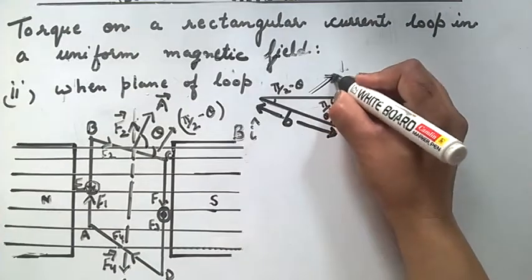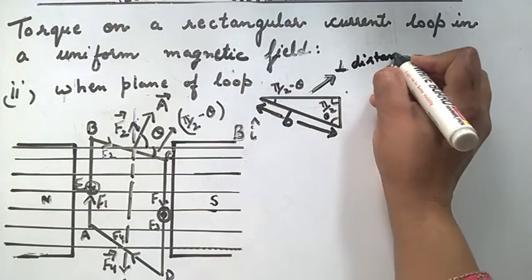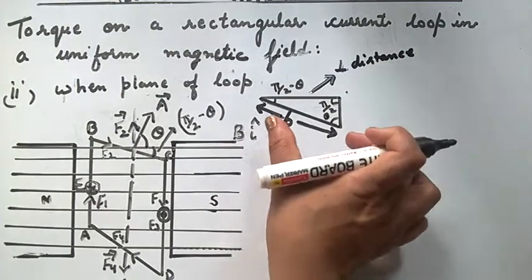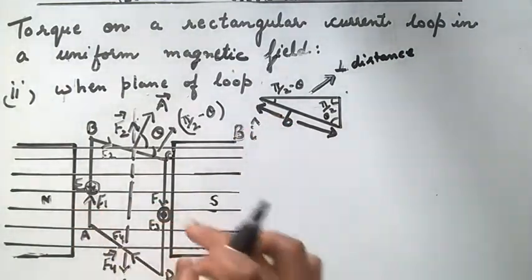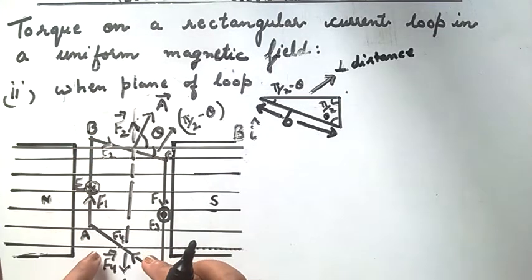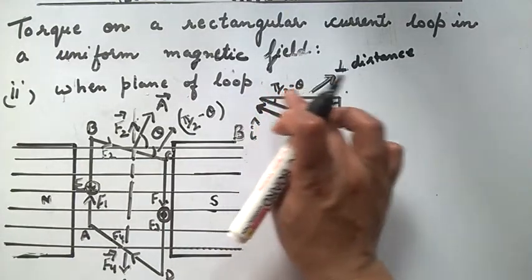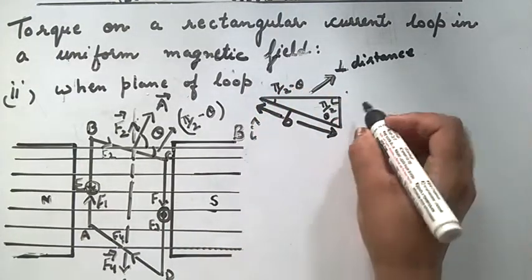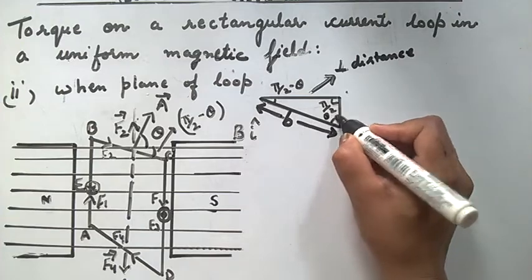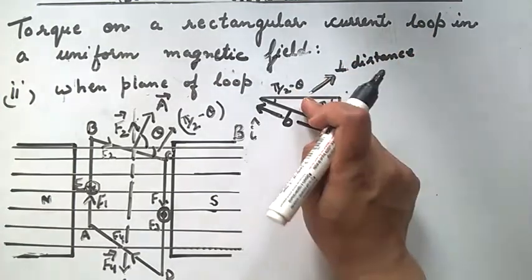Or we can understand that this triangle which we have constructed is perpendicular to the plane of this loop. Thus, this is the perpendicular distance. Now, as this is theta, its opposite side, the perpendicular distance, is equal to the component of this B, equal to B sine theta.